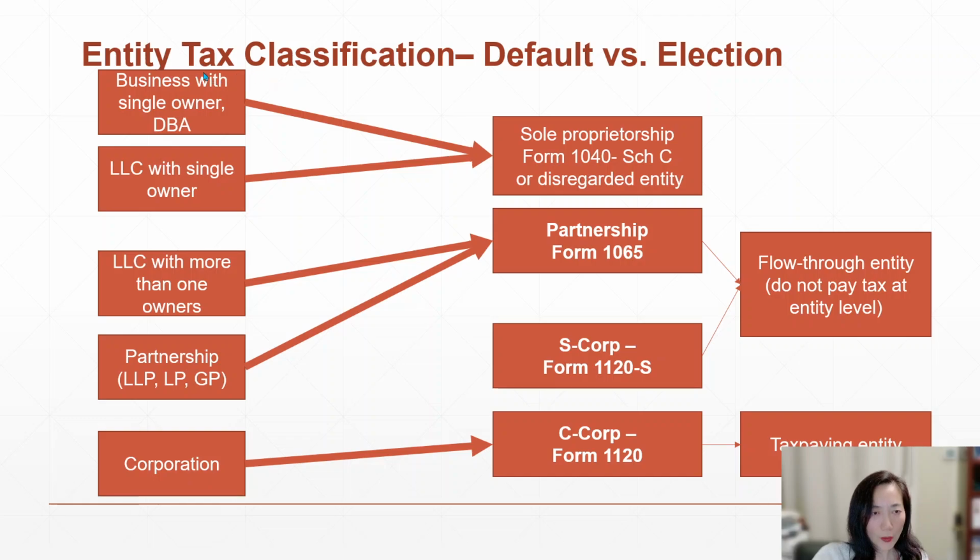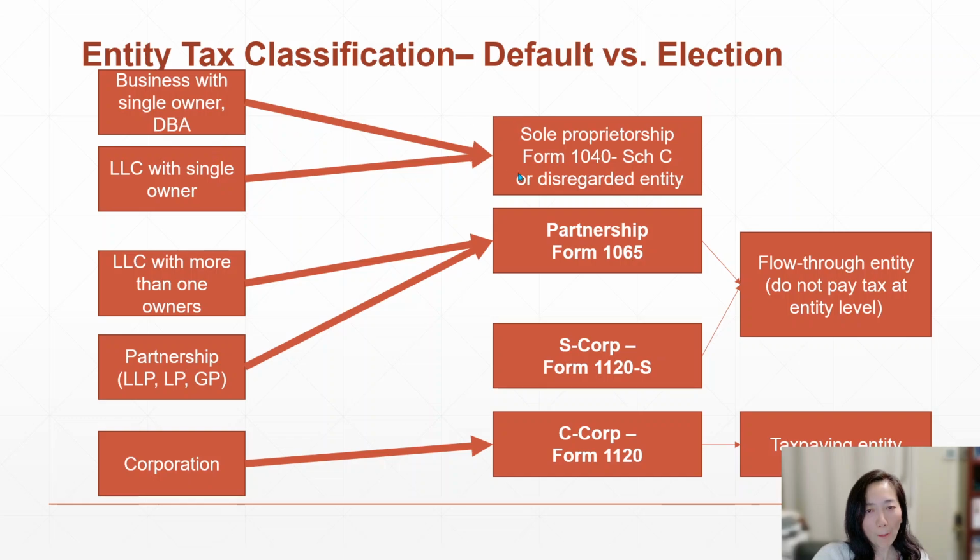Okay, so generally speaking, we start with all the different types of legal entities. So legal entities, either a business with a single owner, or LLC with a single owner, or LLC with more than one owner, or partnership, either LLP, LP, or general partnership, or corporation. So the arrow here where I'm linking to basically suggests if there's no tax election made whatsoever, then the default tax classification is what's showing on this PowerPoint.